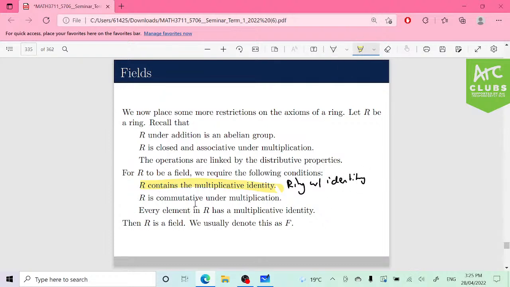The second thing is we require R to be commutative. So meaning that we need to be in a commutative ring with identity. And lastly, every non-zero element has a multiplicative inverse. And then all of this together is called a field. And we usually denote this as F rather than R. R meaning a ring, F usually meaning a field.